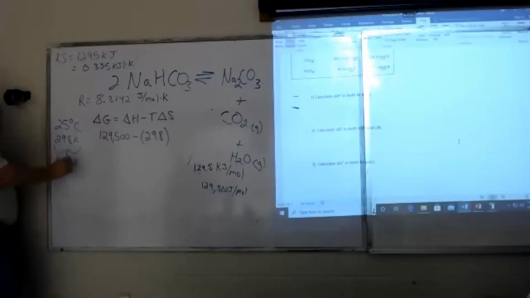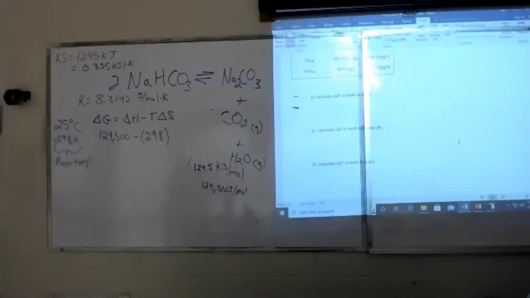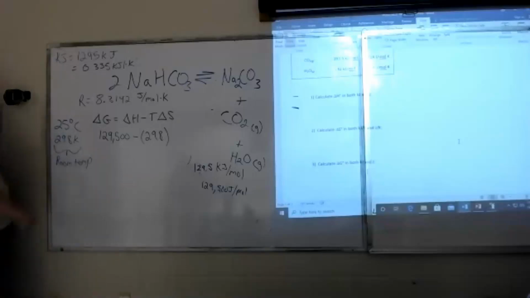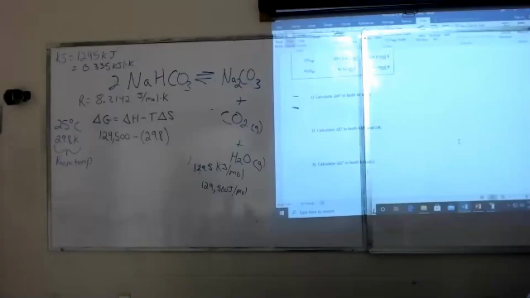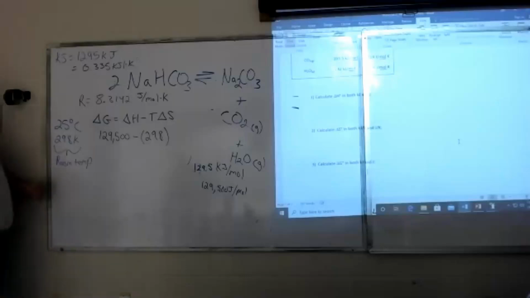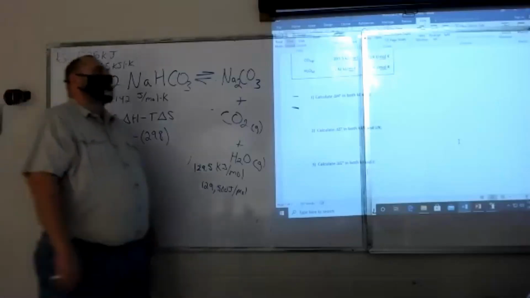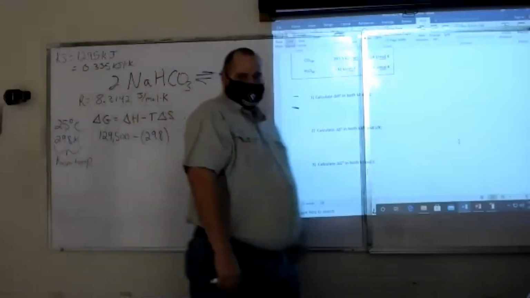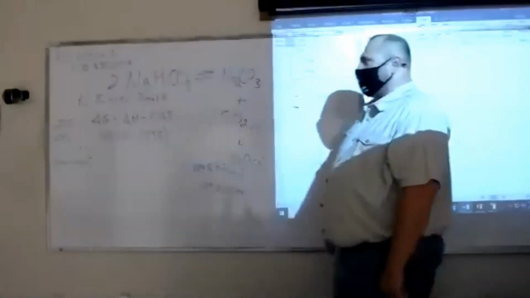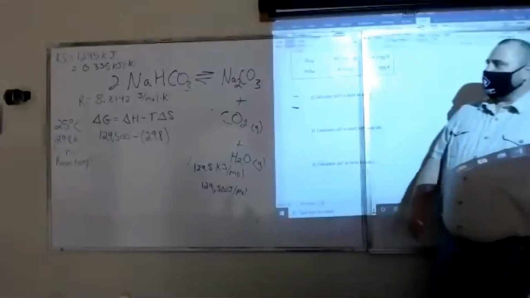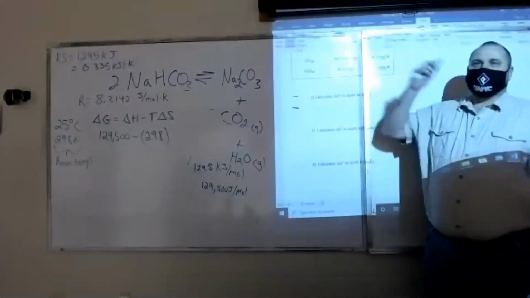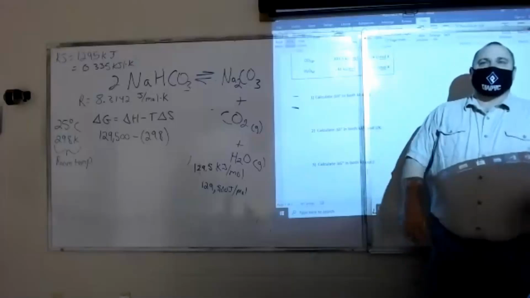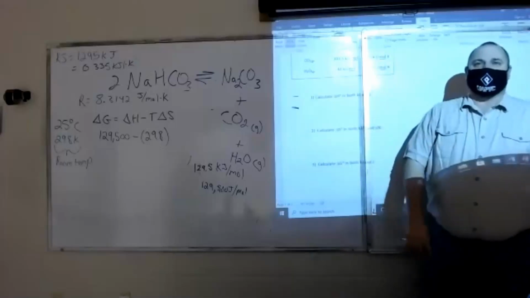If you've never been told that, that's what we used to call room temperature. And that's a problem now, because since the advent of air conditioning, nobody keeps their room at room temperature anymore. We use it for convenience. So when you're working these problems, you'll see 25 degrees Celsius as the given conditions a lot.